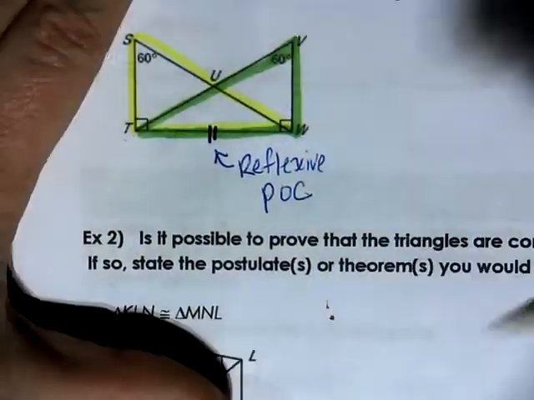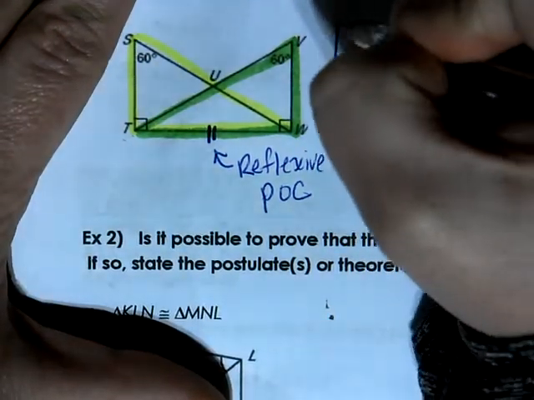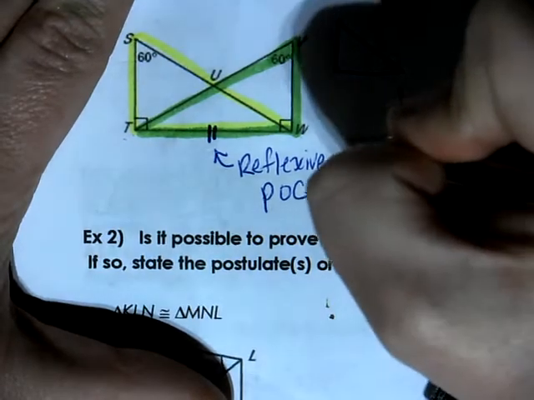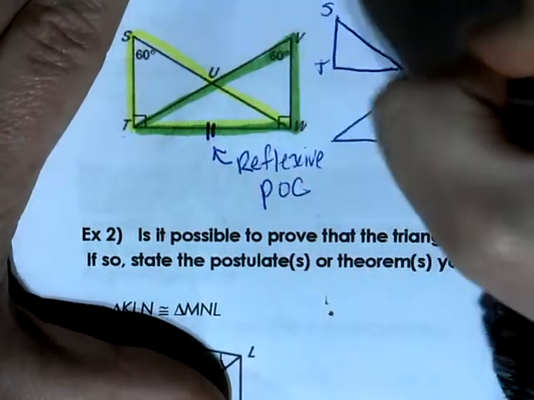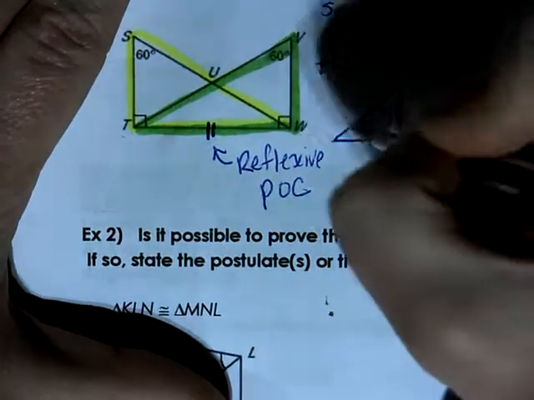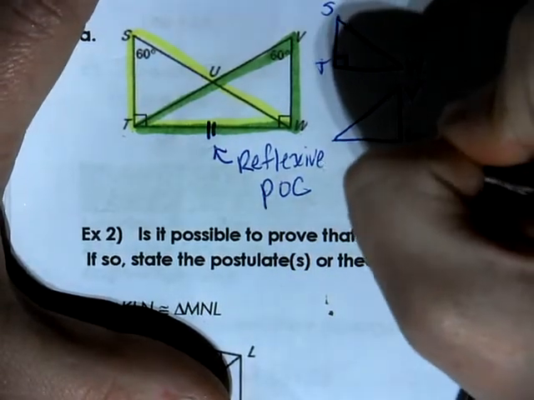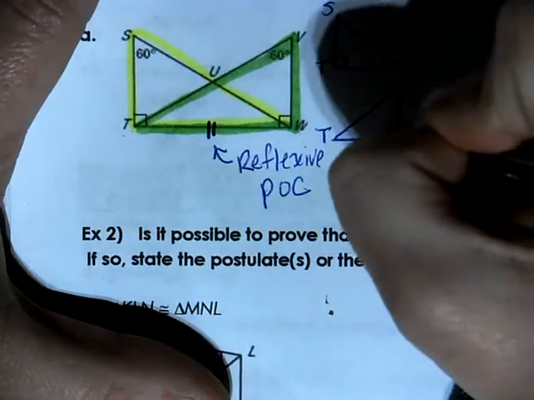Something that is sometimes really helpful is if you separate the triangles and redraw them. So this would be S, T, and W, and here's our angles. And we have V, W, and T. And here's my right angle.